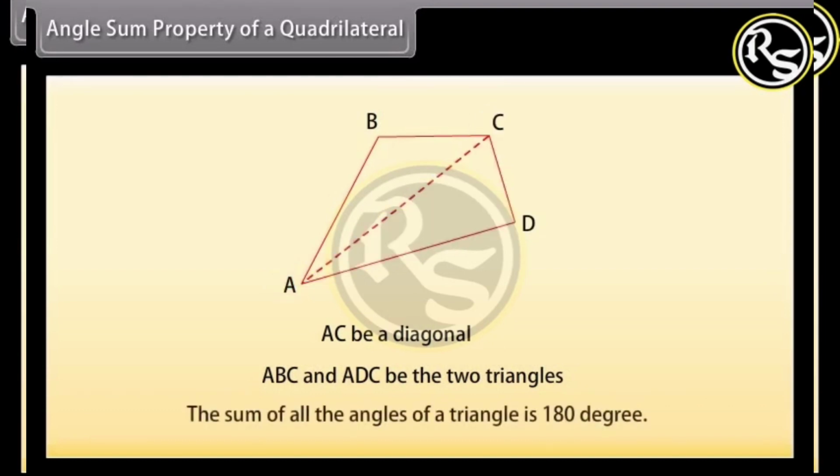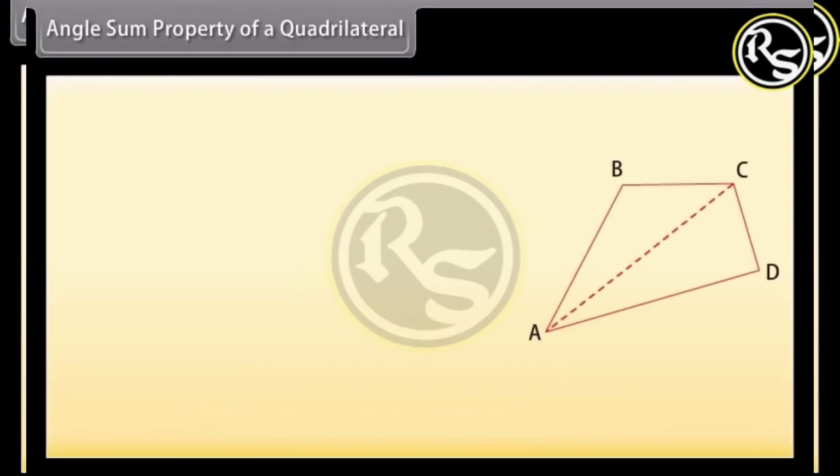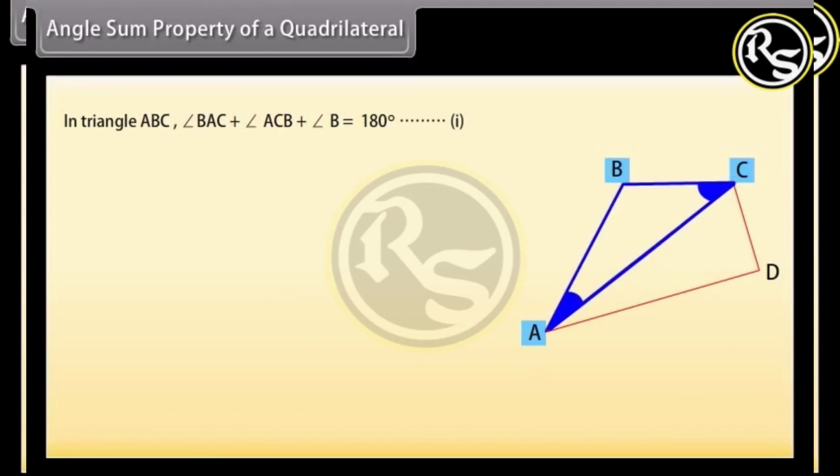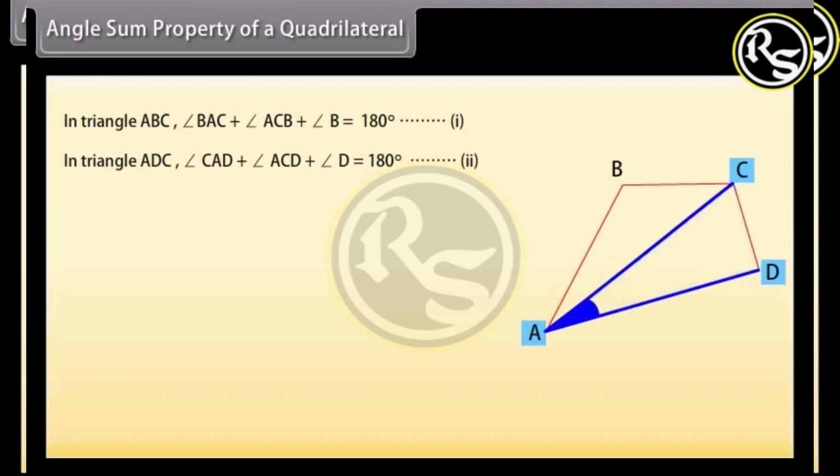We know that the sum of all the angles of a triangle is 180 degrees. Therefore, in triangle ABC, angle BAC plus angle ACB plus angle B is equal to 180 degrees. Mark it as 1. Similarly, in triangle ADC, angle CAD plus angle ACD plus angle D is equal to 180 degrees.